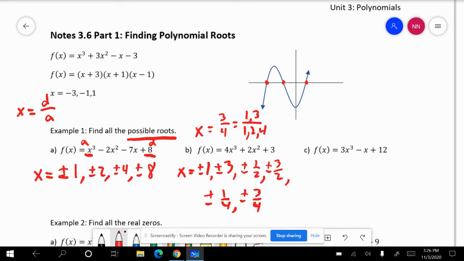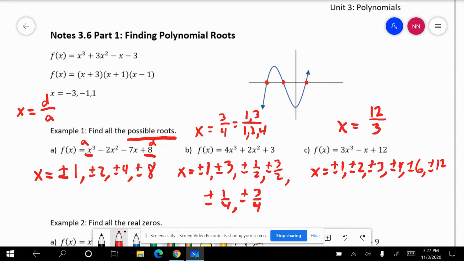Now, if we're looking at the next one, 12 is a little difficult because there's a lot of factors of 12. So if we're trying to find them, it's all the factors of 12 divided by all the factors of 3. 12 would be plus or minus 1, plus or minus 2, plus or minus 3, plus or minus 4, plus or minus 6, plus or minus 12.